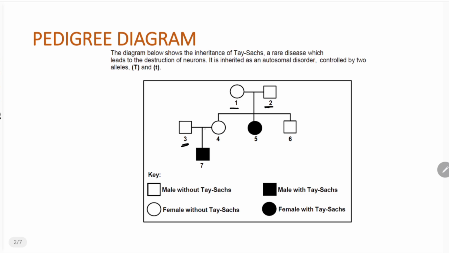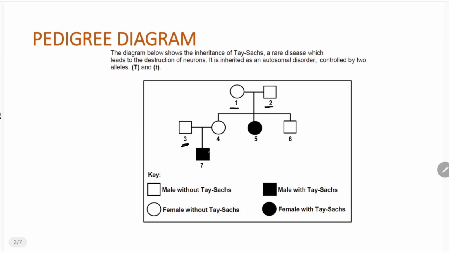So individual 3 is not an offspring of individual 1 and individual 2. Individual 3 has a relationship with individual 4, who is the child of individual 1 and individual 2. Individual 3 and individual 4 had a baby, and they only had one baby.